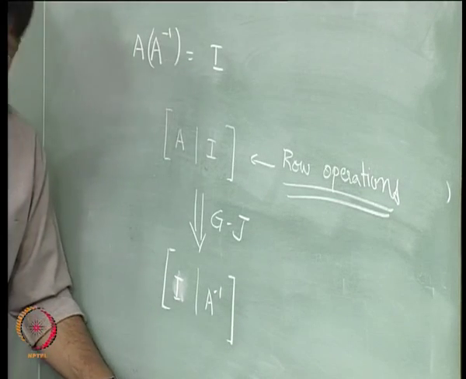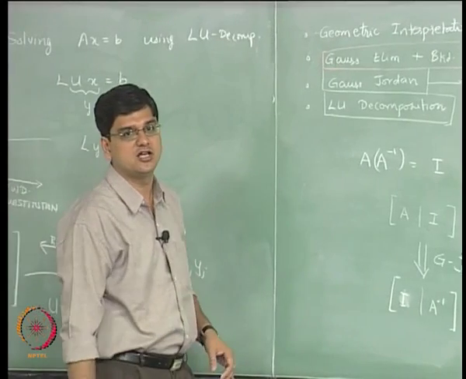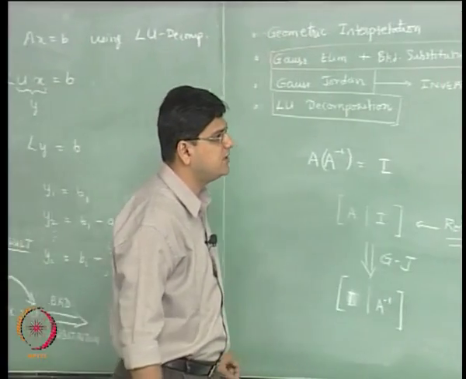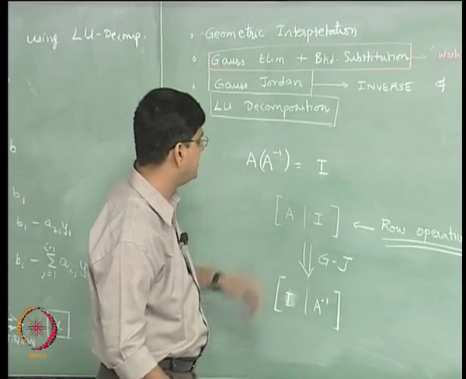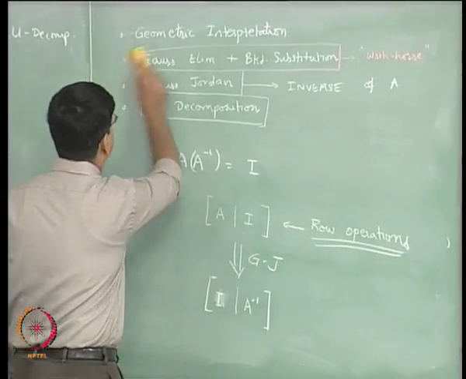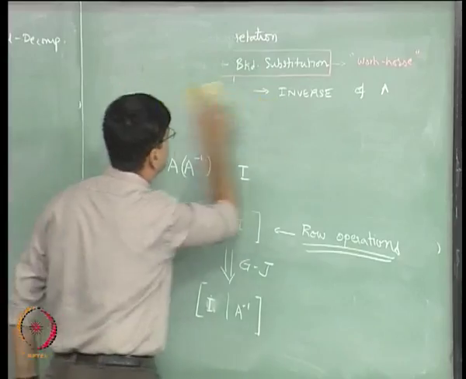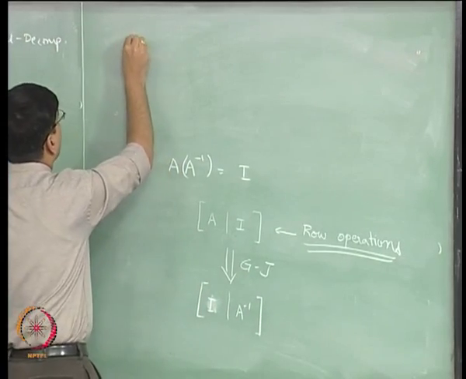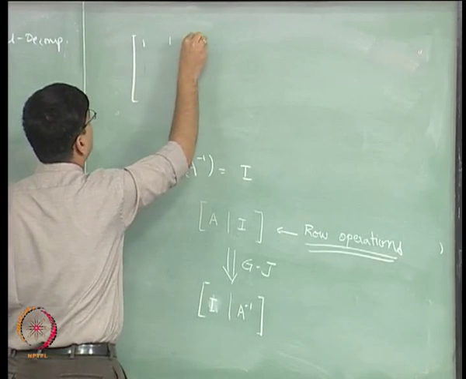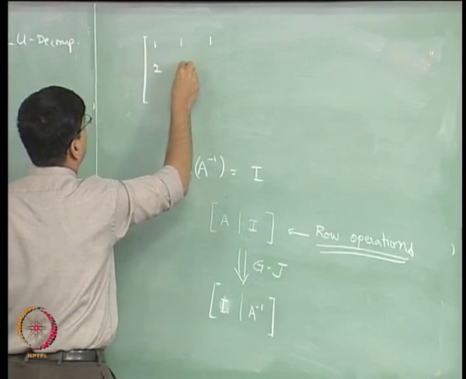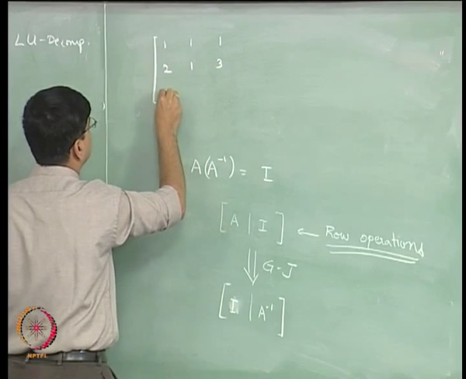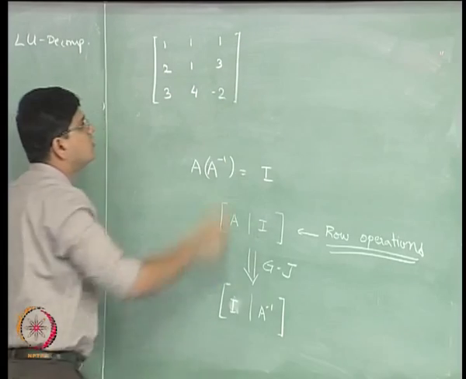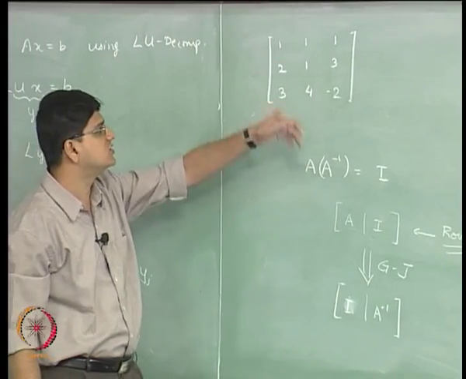And finally, just to leave you with a small question, when we started off with this particular example, this matrix A had the form 1 1 1, 2 1 3, 3 4 minus 2, which was equal to 4 7 9.